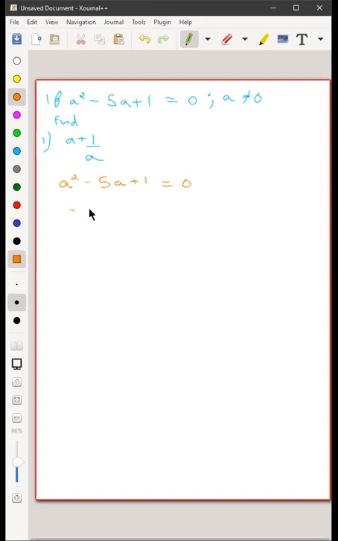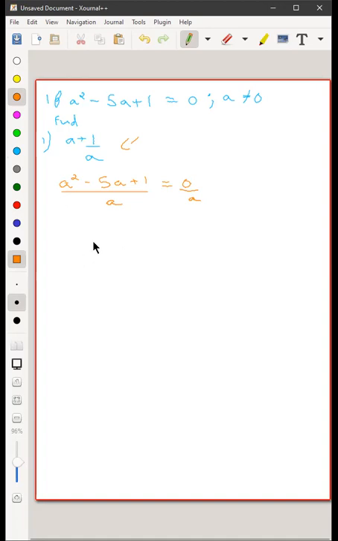I can rewrite this as a squared minus 5a is equal to minus 1. Let's leave this for now. Or what I can do is, since I need a plus 1 upon a, what if I divide both sides by a? What if I divide this with a and I also divide this with a?